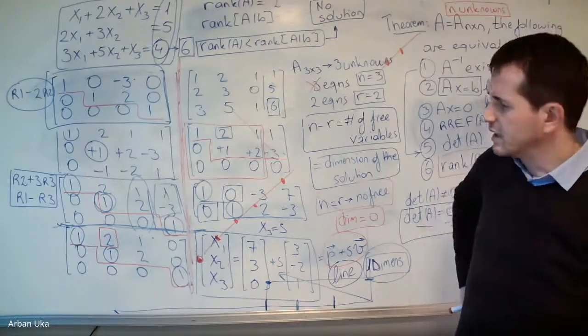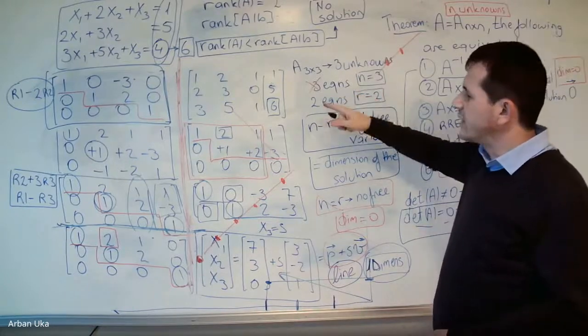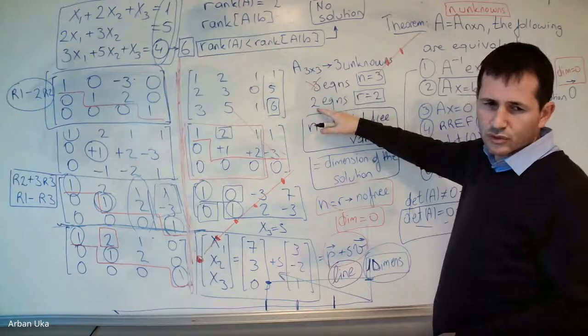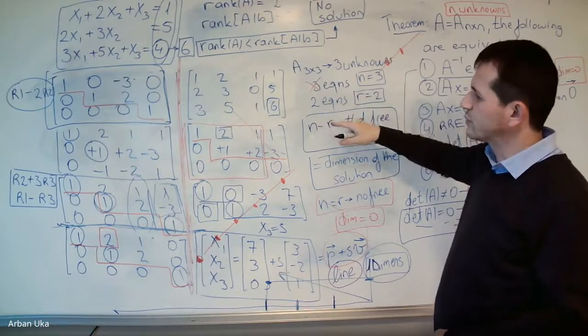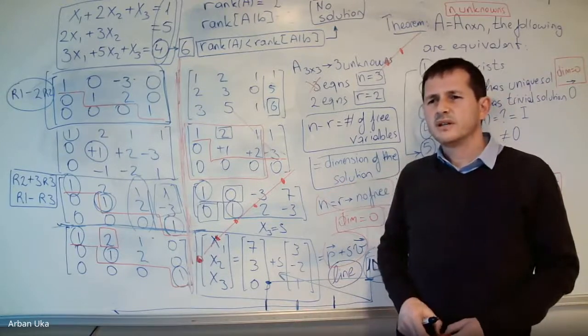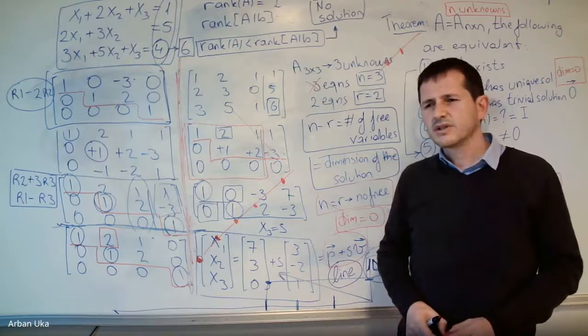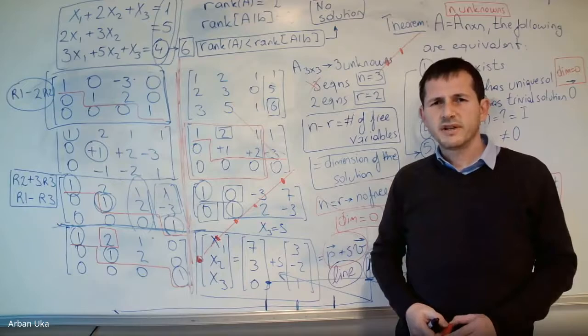Yes. So let me say it like this. We have three unknowns, three equations. Apparently, we had two because one of them was a function of the other two. So the moment we have two equations, that means that one row is full of zeros, which brings us the result that we have at least one free variable.